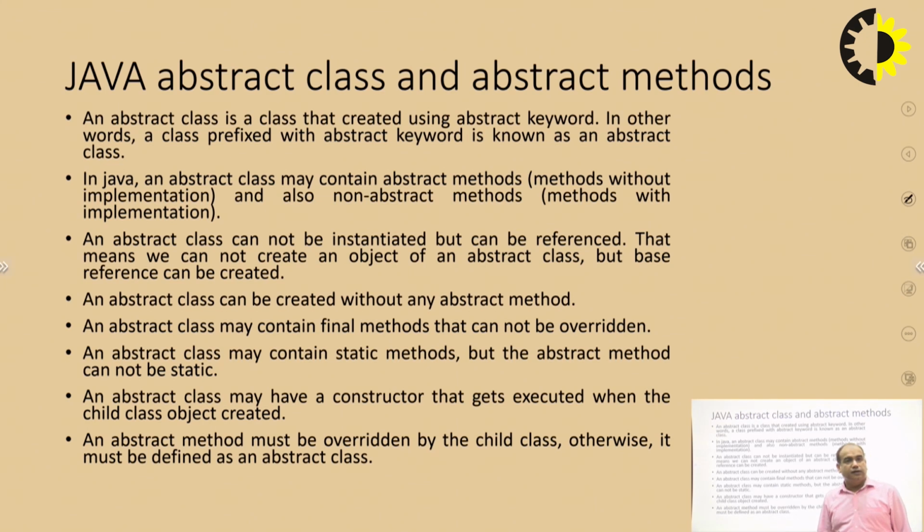Next we talk about abstract classes. Before starting interface, I would like to discuss abstract classes and abstract methods. First of all, I would like to share the syntax of an abstract method.